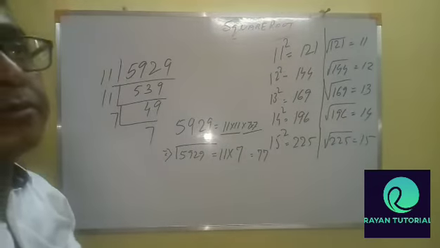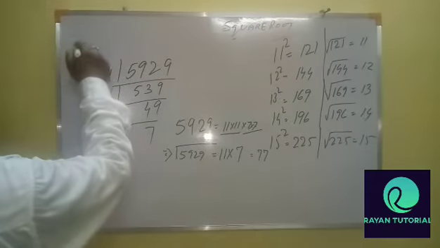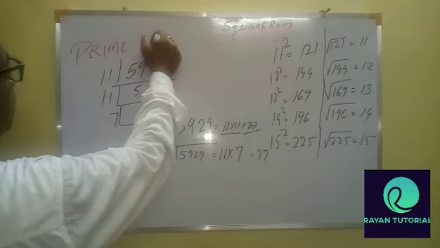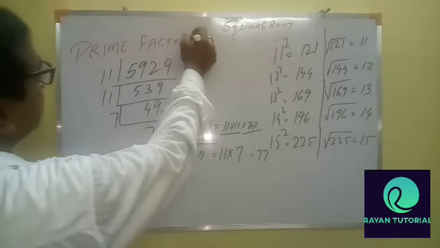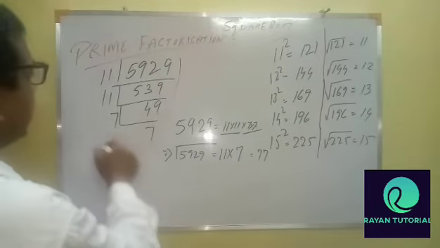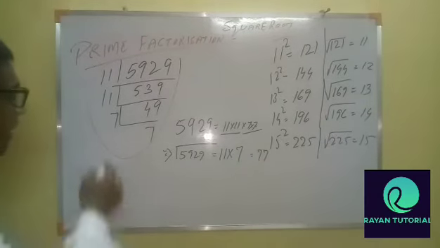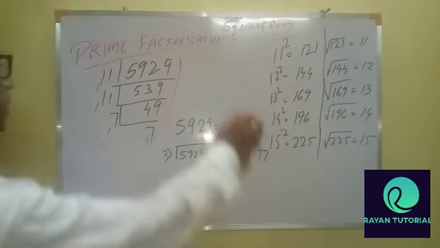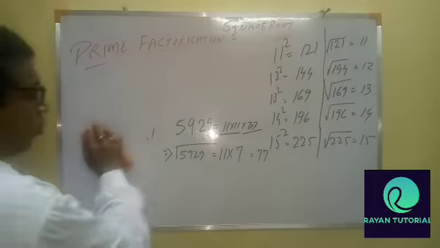Is this clear? Are you sure? This method is called the prime factorization method. Why? What am I doing here? I am factorizing, and these are all prime numbers. That's why it is called the prime factorization method. Clear?